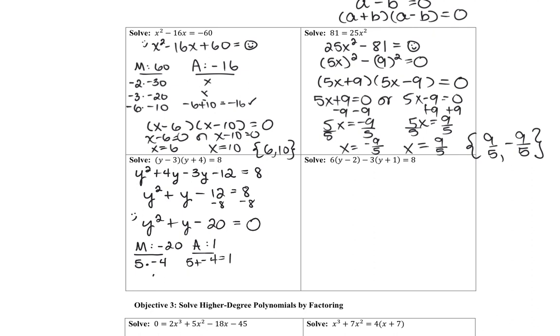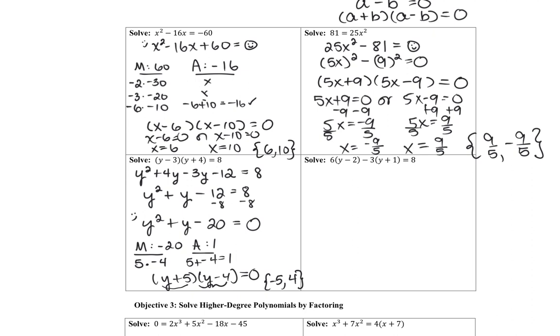Because that leading coefficient is a 1, I can just put those numbers in there, right? If I set this one equal to 0 and solve, I'm going to get negative 5. Set this one equal to 0 and solve, I'm going to get 4. So there's just one extra step that we had to do, right?